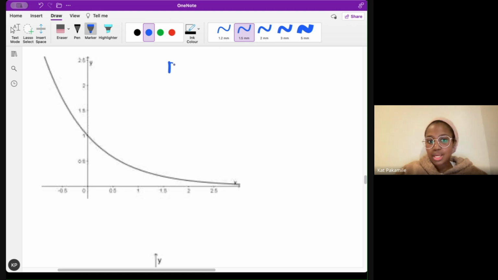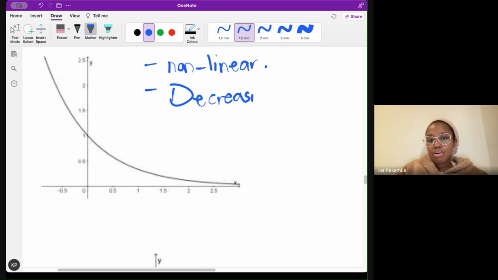How do we know that? It's curved. It is not straight, it is curved. So this is definitely a non-linear graph. And is it increasing or decreasing? You guys are right. So this is a non-linear decreasing graph.